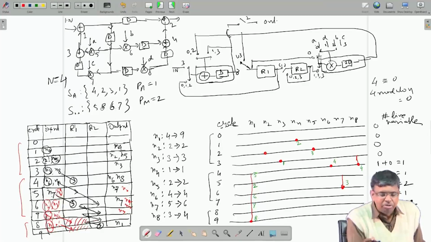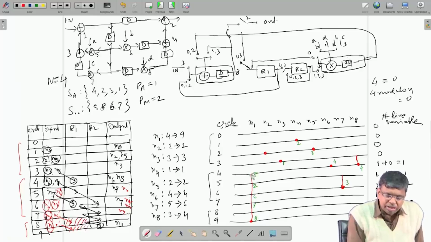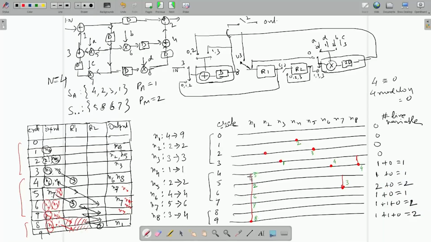Okay, multiplier 5. All right, cycle 4 it is out, and 4 to 5. So, the same cycle it will be going there. All right. So, cycle 4 it is born, which is 0, and in the same cycle it goes to the multiplier 5 input.